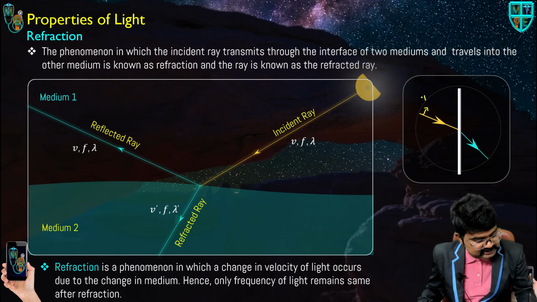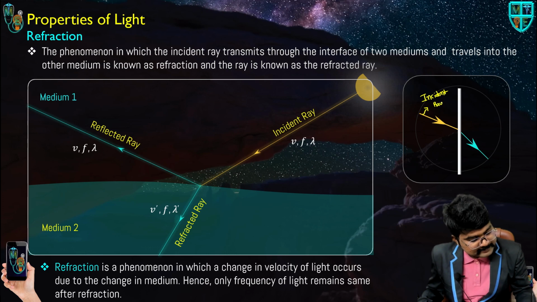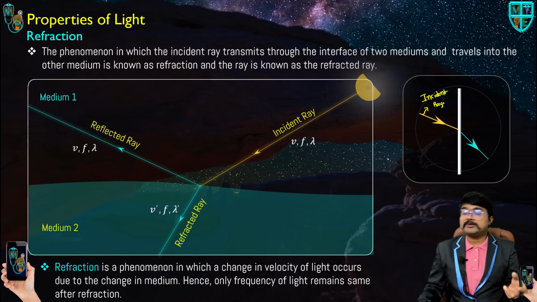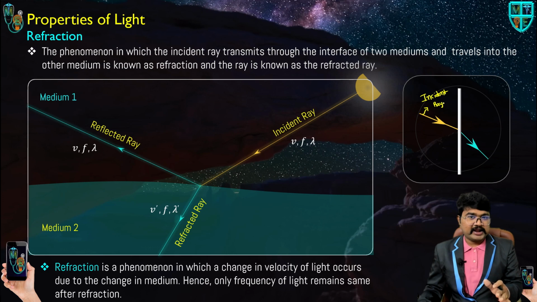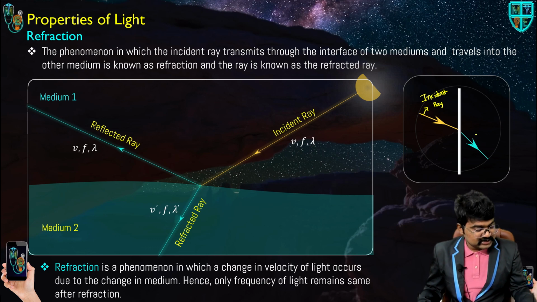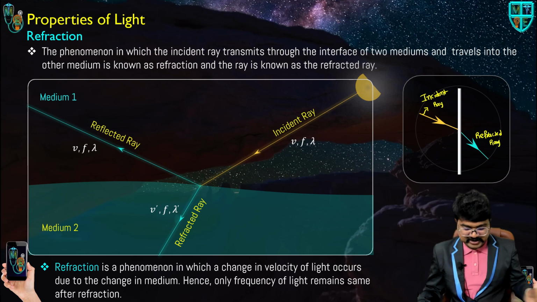This is the incident ray, the origin of the light present in medium 1, but it transmits into the other medium. That phenomenon is nothing but refraction. This is the refracted ray.